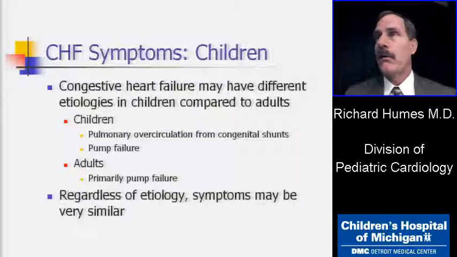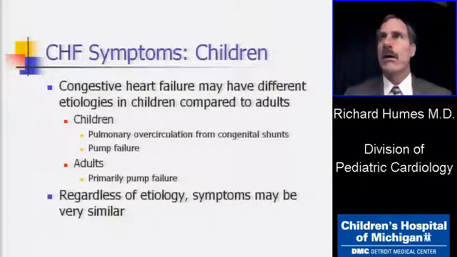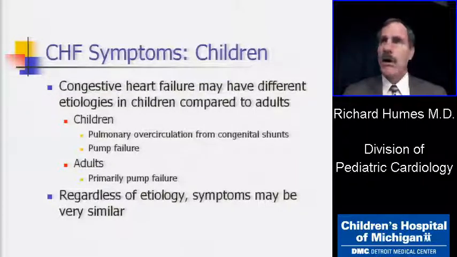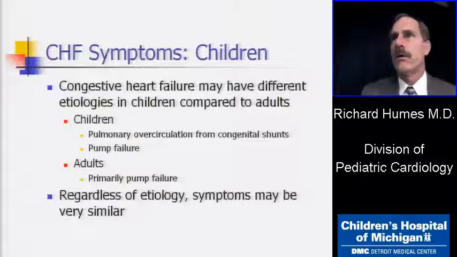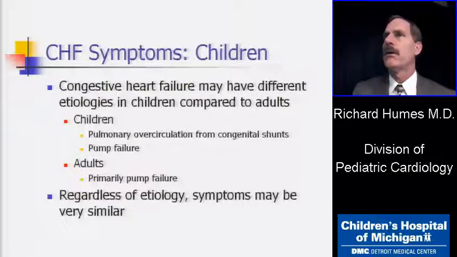Children may also have congestive heart failure from ventricular or pump failure. Adults will tend to have primarily pump failure, most often due to atherosclerotic heart disease and coronary artery disease. However, regardless of these etiologies, the symptoms can be very similar from one to the other. It usually produces some degree of respiratory symptom, either dyspnea or orthopnea or breathing problems.